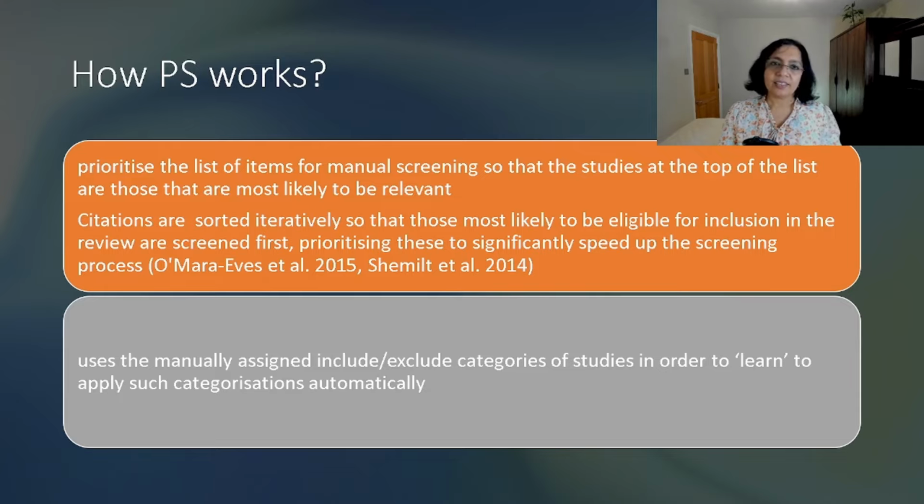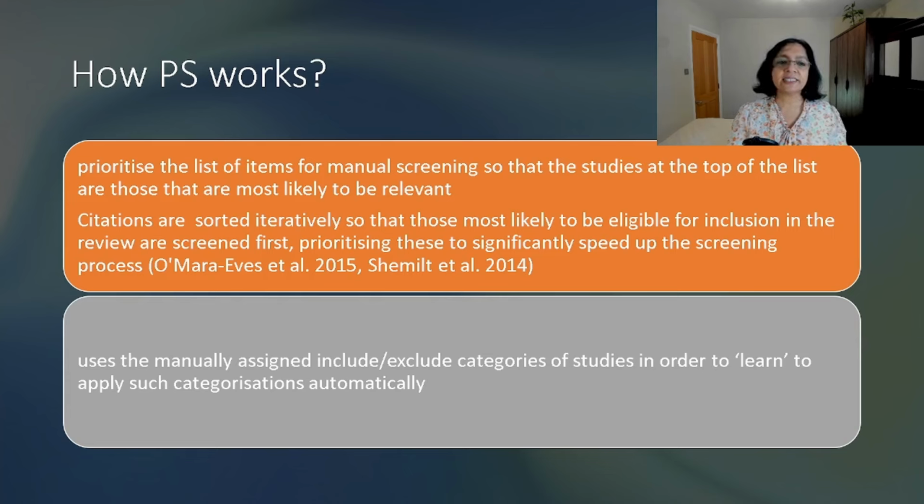In a systematic review process, we need to screen a lot of titles and abstracts. So this priority screening approach prioritizes the list of items for manual screening so that the studies at the top of the list are those that are most likely to be relevant.